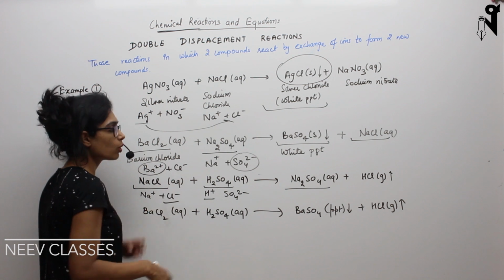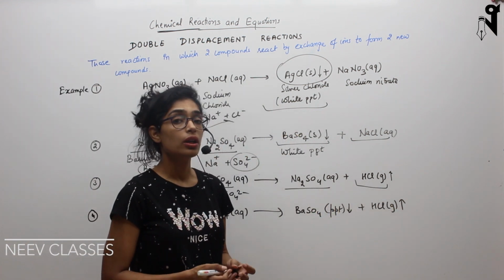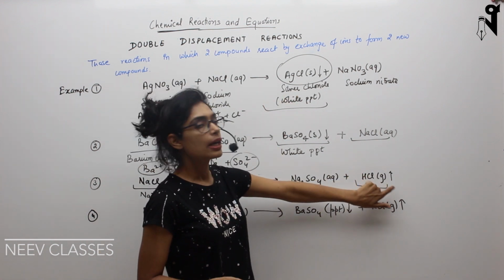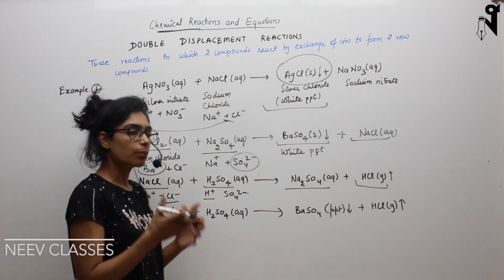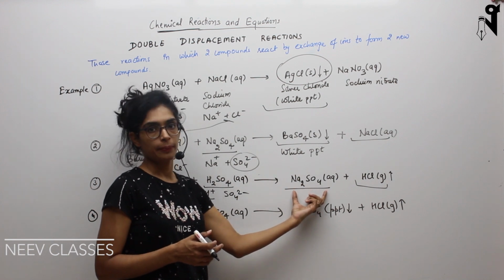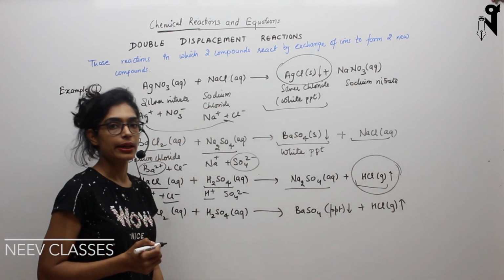Hydrogen and chlorine have gone together to form hydrogen chloride gas and will escape the system. So this is your volatile product. And then another sodium and sulfate ion will remain in the solution suspended, and we will call them sodium sulfate solution.